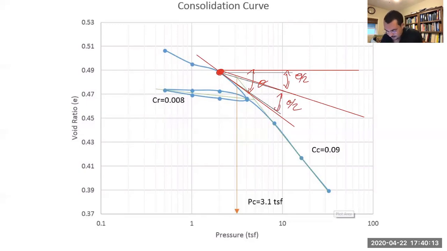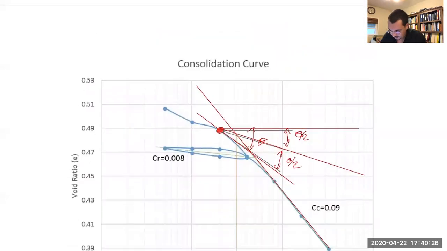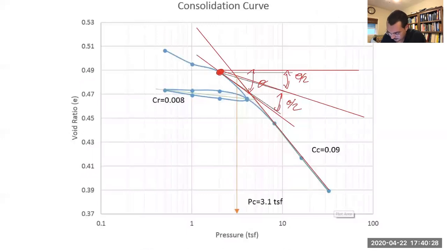And then you come from this region of the curve and you draw a straight line. Where this straight line intersects with the bisector, you go straight down to the x-axis and find the pre-consolidation pressure. So is that clear?